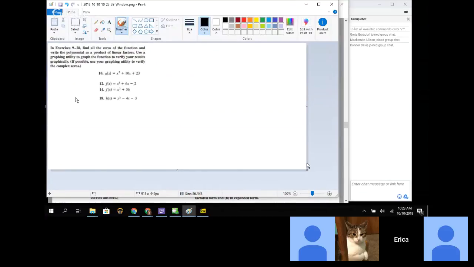Find all the zeros of the function and write the polynomial as a product of linear factors. So if you couldn't guess by now, these are not going to be nice, easy things that we can factor. Number 10 is g of x equals x squared plus 10x plus 23.